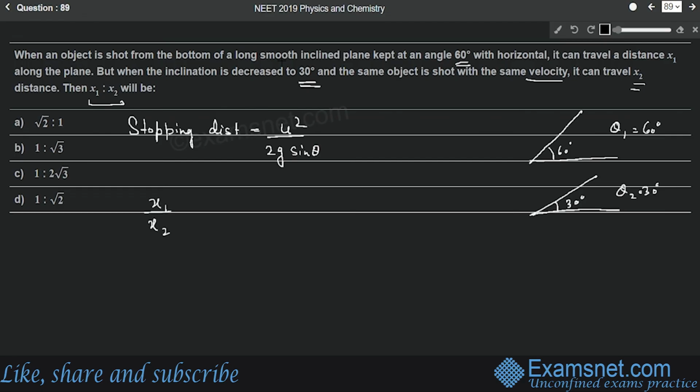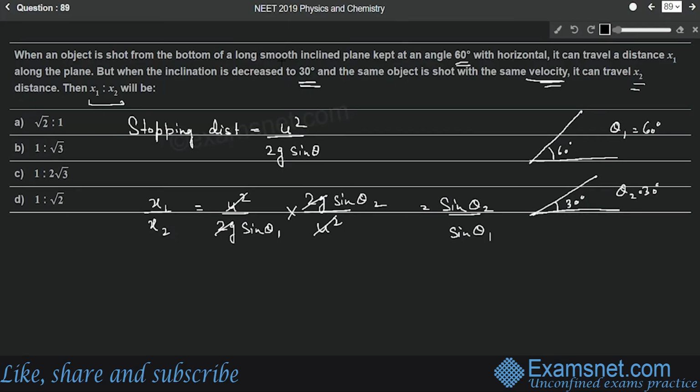So x1 by x2 will be equal to u square by 2g sine theta 1 divided by u square by 2g sine theta 2, right? So u square cancels because they have same velocity. 2g is also cancelled. What is left here? Sine theta 2 by sine theta 1.